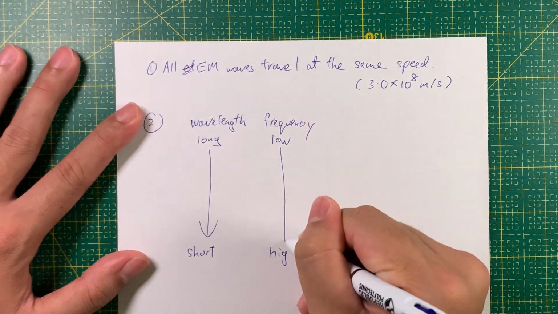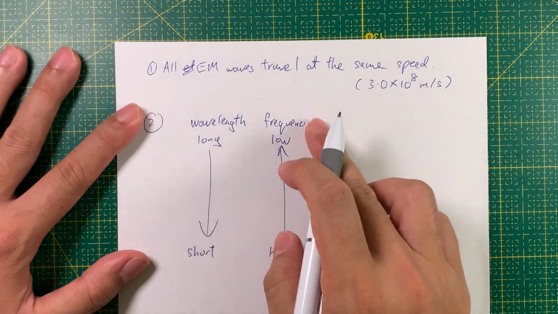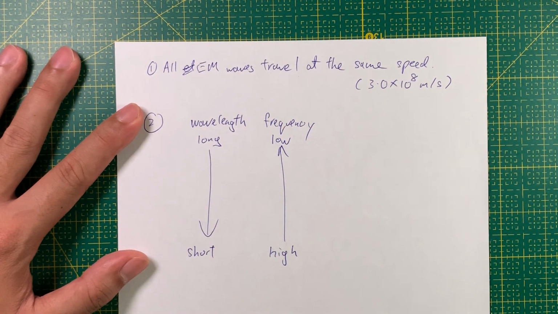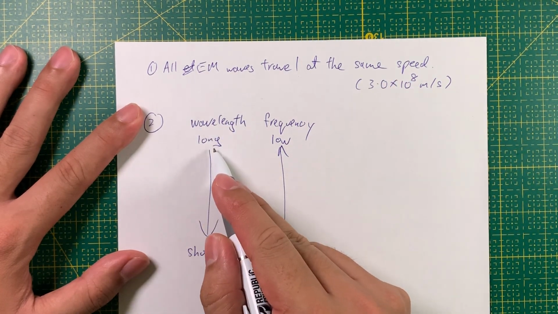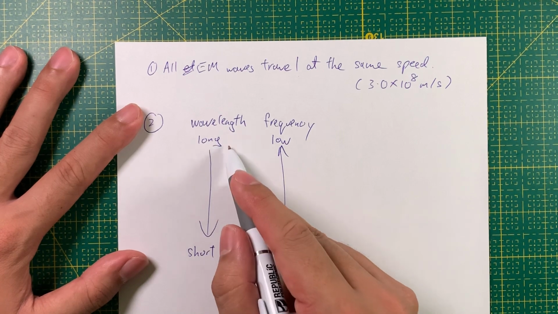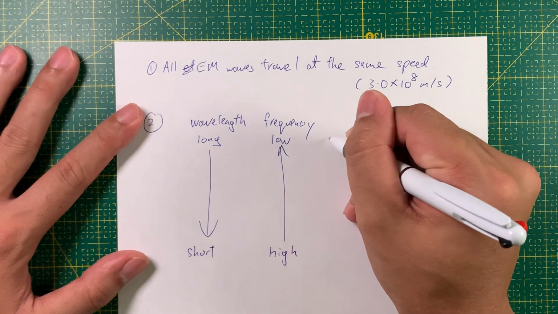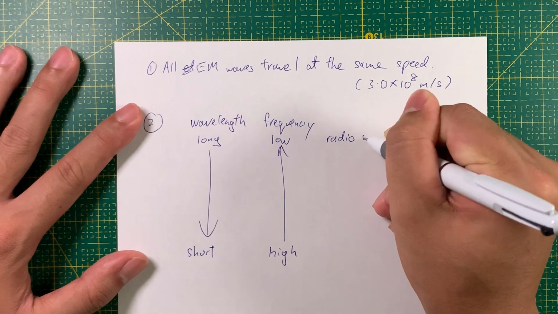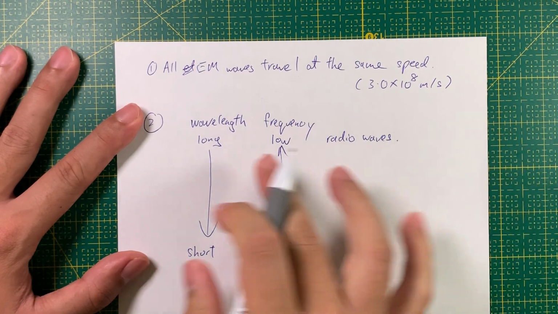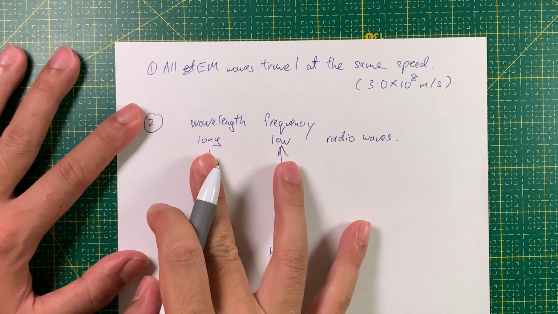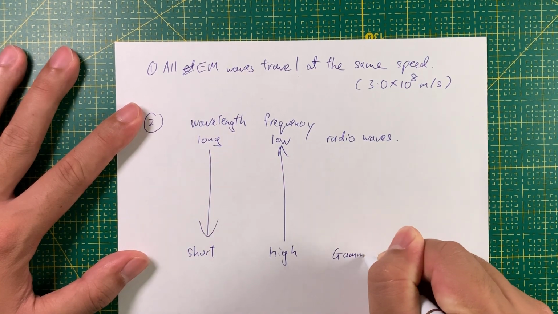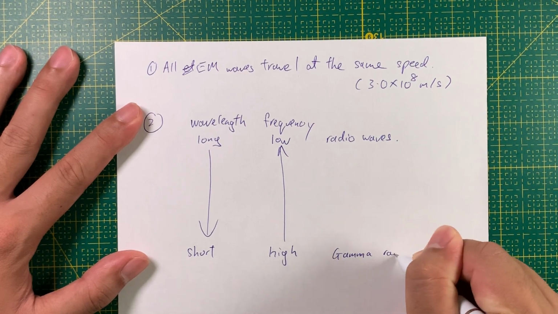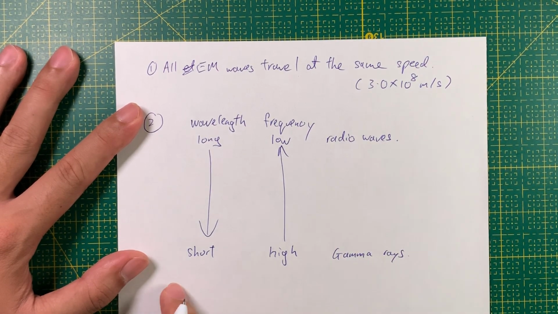There is this opposite relationship between wavelength and frequency for all the EM waves. Let's talk about the extremes first. A long wavelength and a low frequency refers to radio waves. Radio waves have one of the longest wavelengths and the lowest frequency. On the opposite end, gamma rays have the shortest wavelength and the highest frequency.